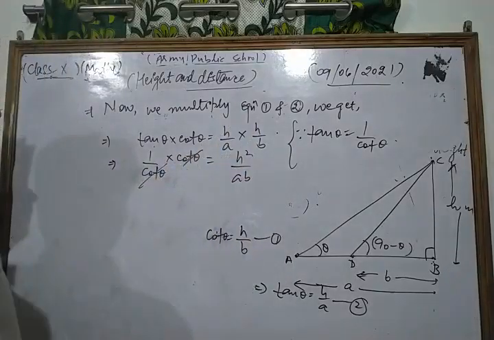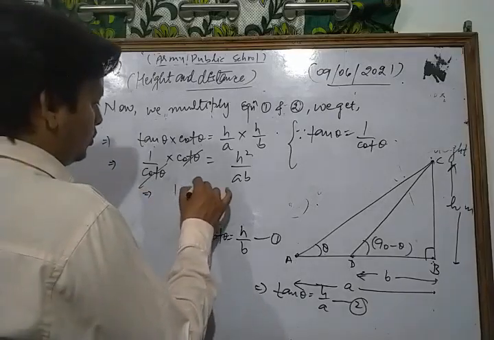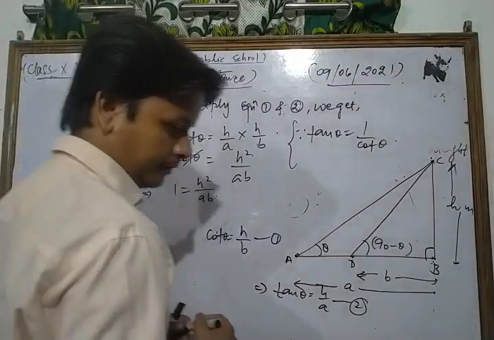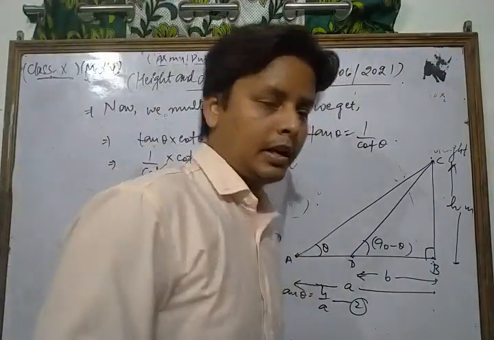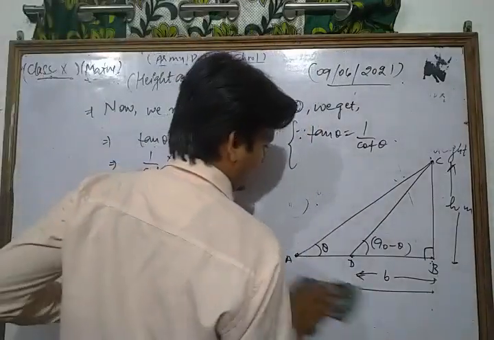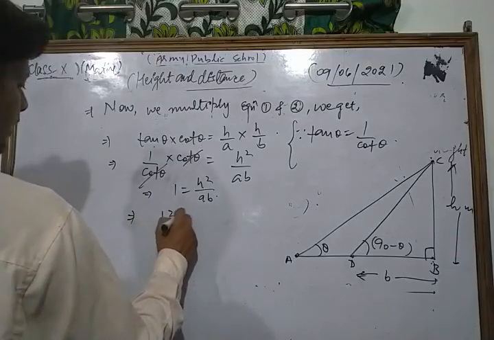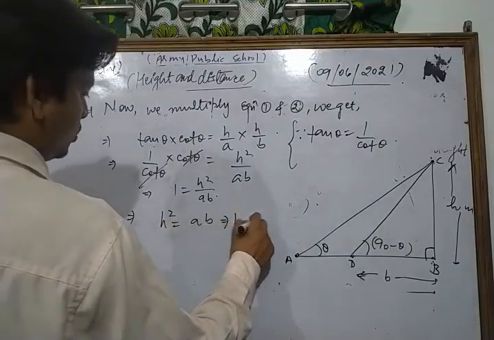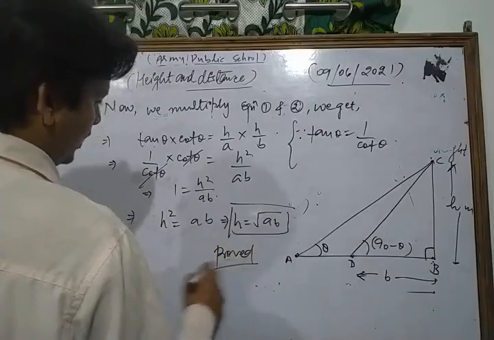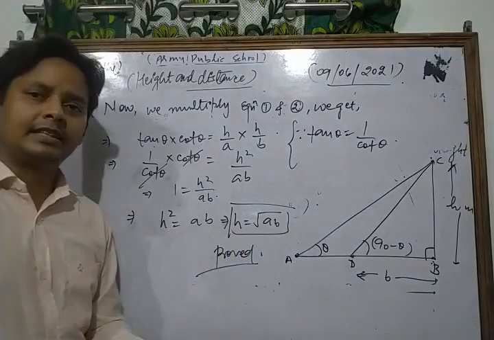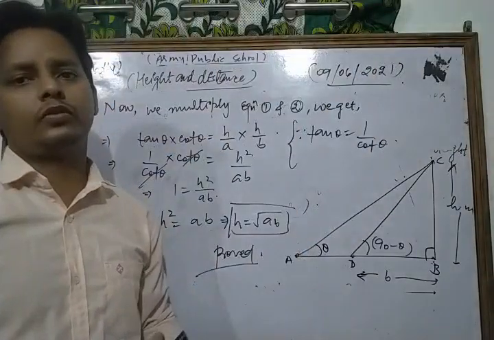Now cot theta cancels out. Now 1 is equal to H square upon AB. From cross multiplication we get H square is equal to AB, that is H is equal to under root AB. Hence proved. In this way we can say that the height of the tower is under root AB. This is the required solution of the given question.